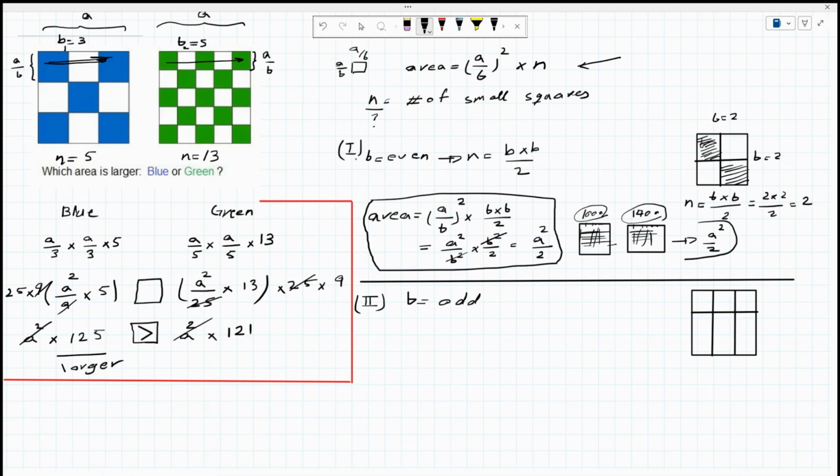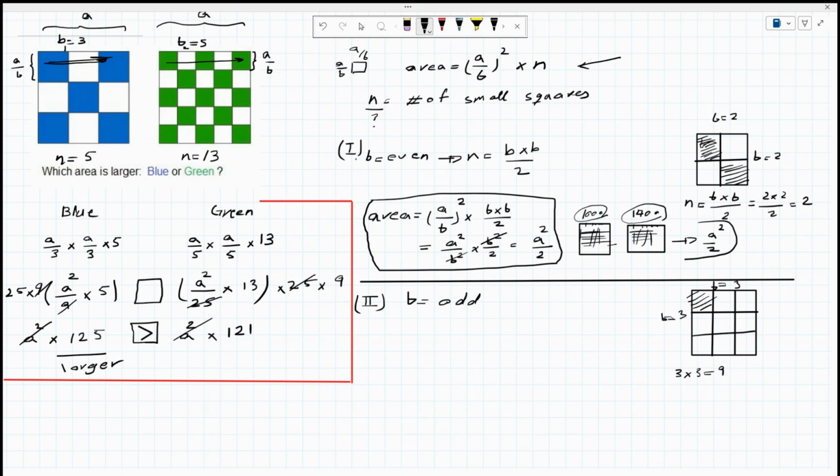It means that in each direction, I'm going to have three small, tiny squares. So b equals 3, b equals 3. In total, I'm going to have 9 squares, because 3 multiplied by 3 is 9 squares.